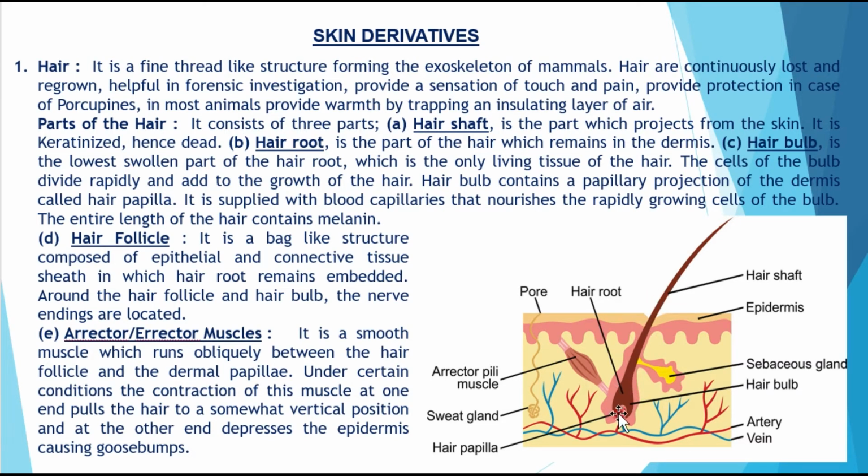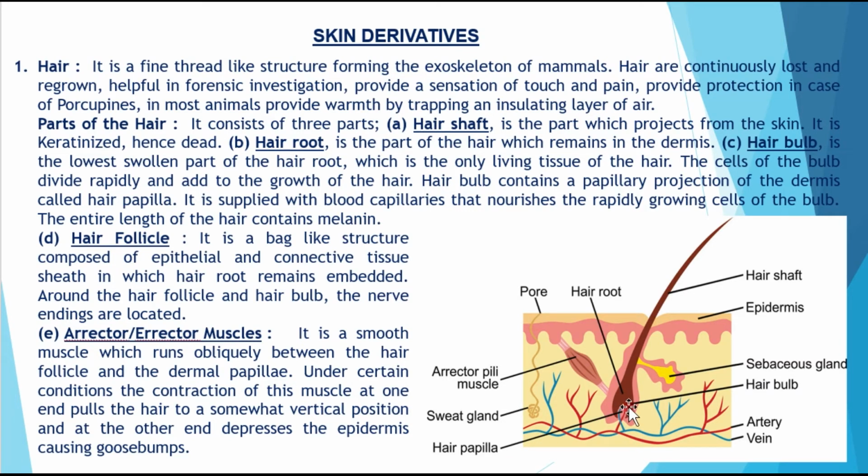Now this swollen end of the hair root is known as the hair bulb, which is the lowest swollen part of the hair root, and it contains only the living tissues of the hair. The cells of the bulb divide rapidly and add growth to the hair. It is also projected inwardly to form the hair papilla, as you can see here.